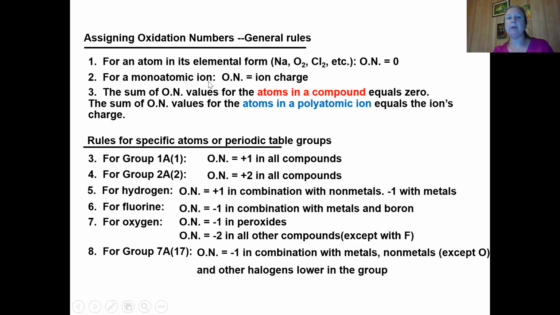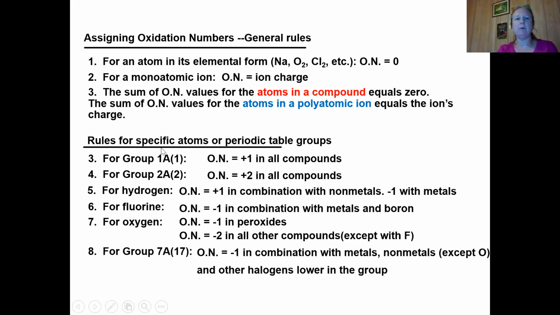And for a monatomic ion, a simple ion, it's the ionic charge. The rest of them, you have to do the bookkeeping. You have to do simple math to add up the oxidation numbers of the known and the unknown. By that, I mean there are some that will always come into play.